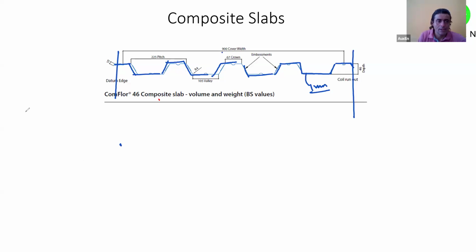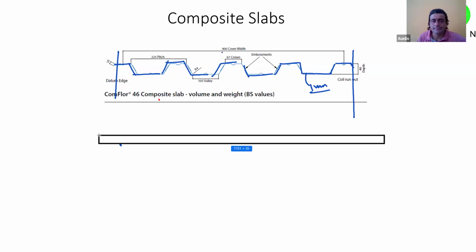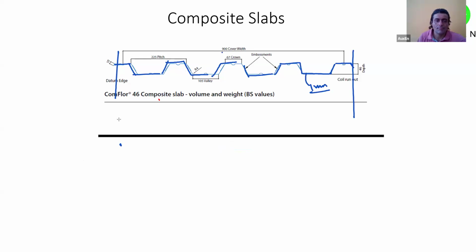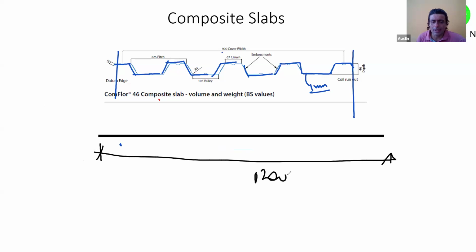Please understand, the starting point is that you have, let's say, a 1200 mm wide plate. I'm just taking this as a random number right now. You have a 1200 mm wide, 1 mm thick plate. Now you pass it through rollers, and by passing it through rollers, you form it into this kind of shape. Is it clear?